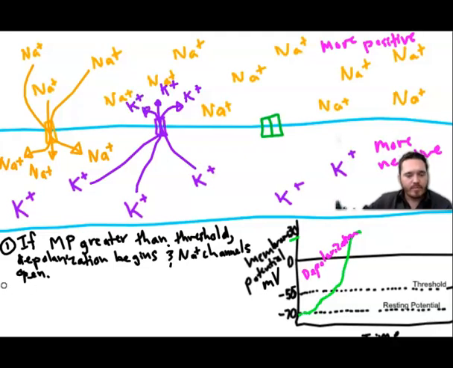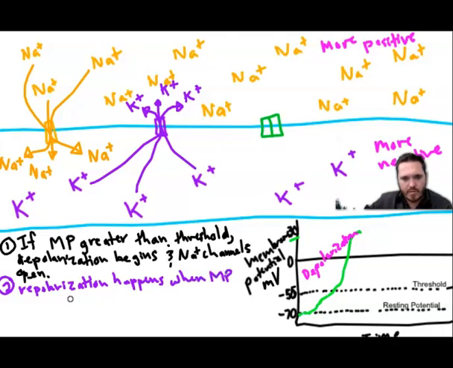So repolarization happens when membrane potential reaches 30 millivolts, okay, and the sodium channels open.